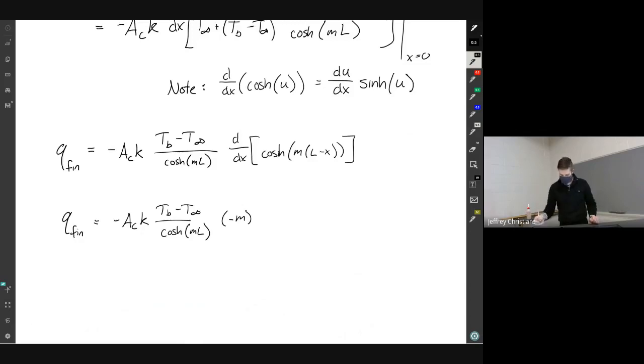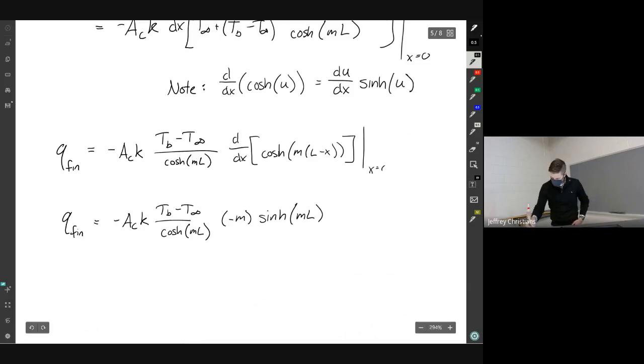So this would be hyperbolic sine of mL. Again, we're evaluating this at x equals 0, so that's why the x ends up going away. All right. Kind of gross.